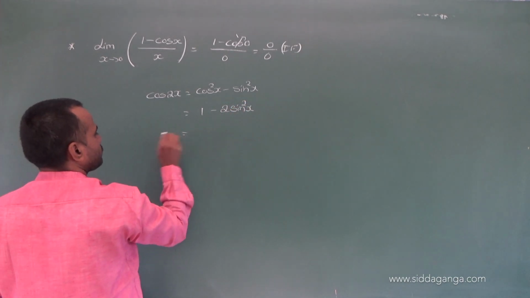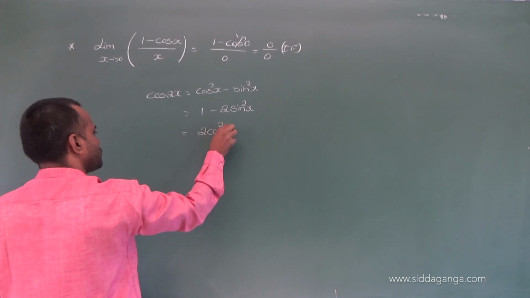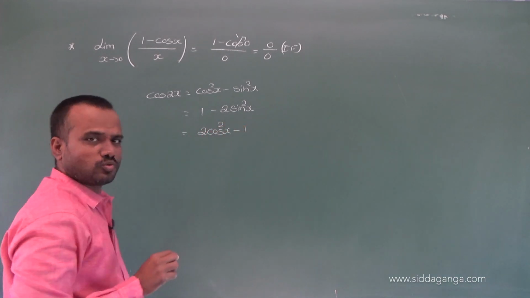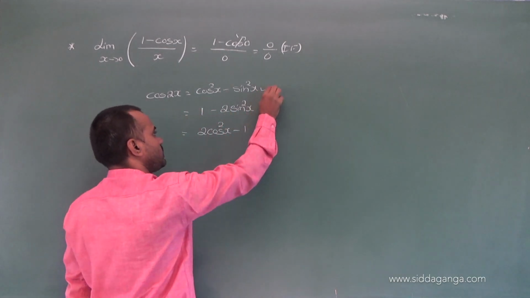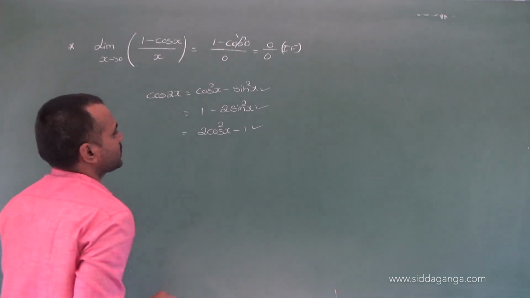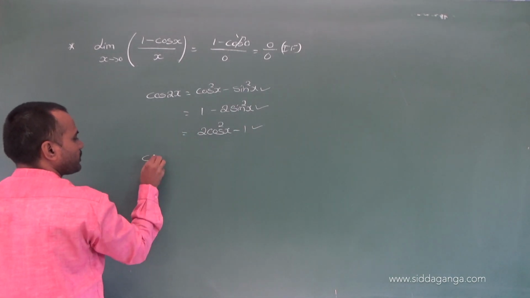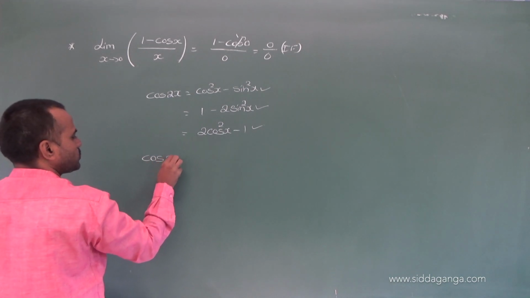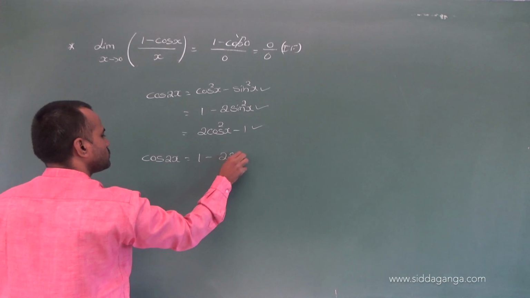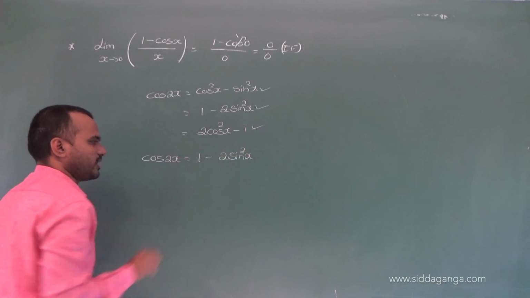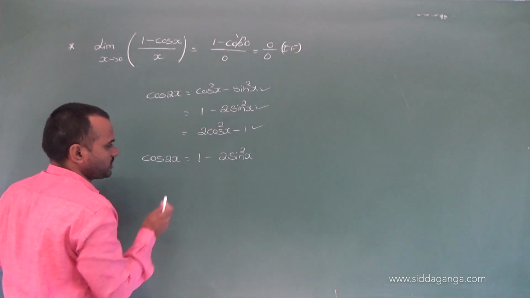Third, 2 cos square x minus 1. In trigonometry, you know these 3 formulas. So I use the second one. Observe here: cos 2x we can write as 1 minus 2 sin square x.